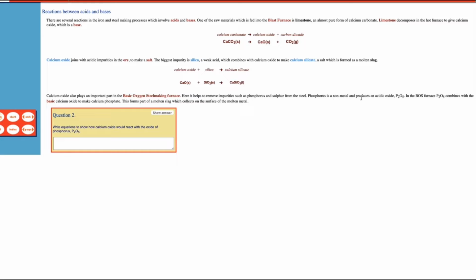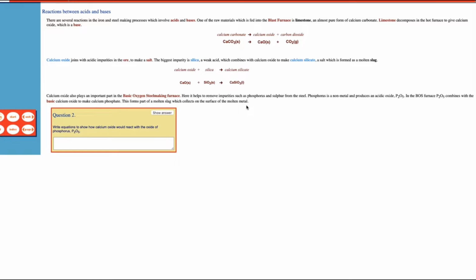Phosphorus is a non-metal and produces an acidic oxide, P2O5. In the BOS furnace, P2O5 combines with the basic calcium oxide to make calcium phosphate. This forms part of the molten slag which collects on the surface of the molten metal.